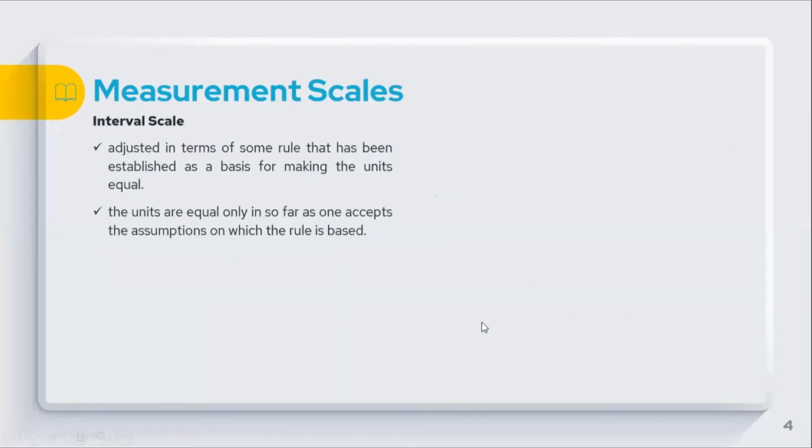Okay? Interval, kanang mga ranging interval adjusted in terms of some rule that has been established as a basis for making the units equal, no, like the age of 10 to 15, age of 15 to 20. So it's an interval. Pwede pod nga time, no, from 8 to 10 p.m. Okay, 8 to 10 a.m., 10 to 12 a.m., then 1 to 4, so 1 to 2, 2 to 4.